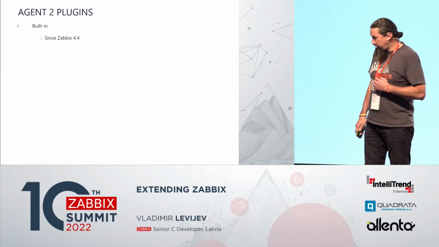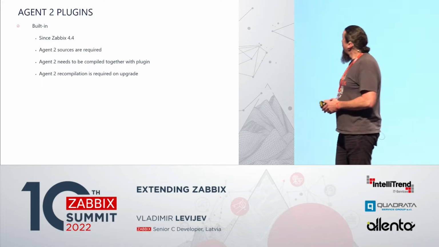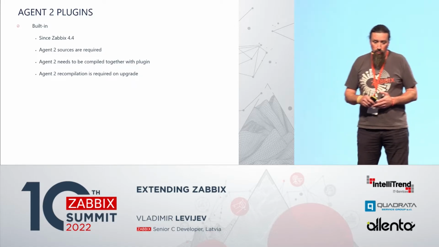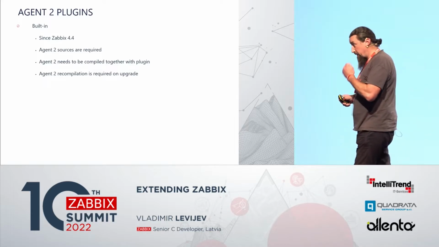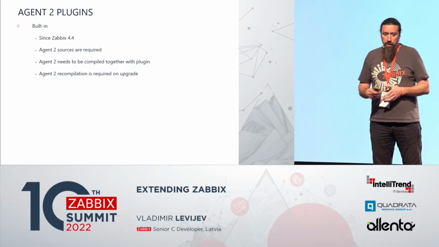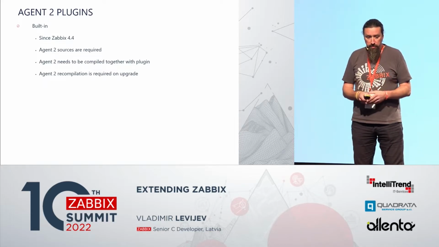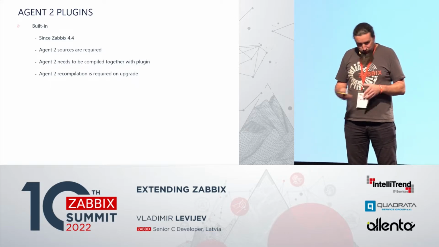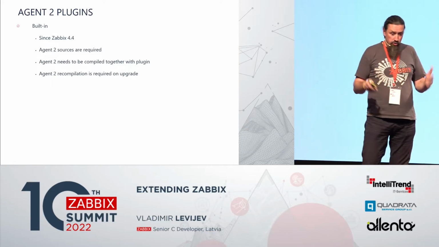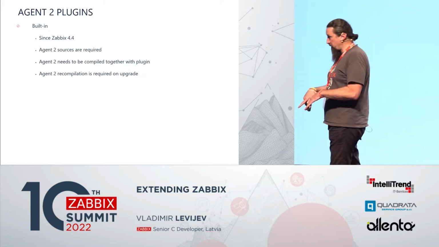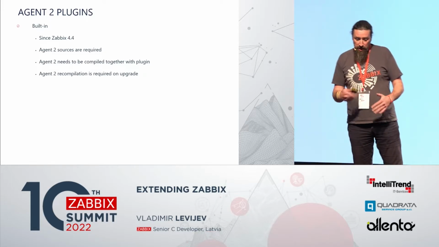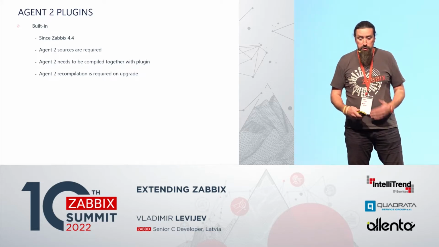So let's talk about extending the agent. I'll talk about agent 2. When agent 2 was introduced in 4.4, there was already a way to extend it with built-in plugins. For that, you need to have Zabbix agent 2 sources. You need to recompile your plugin together with Zabbix agent 2, and every time you upgrade agent 2, you again need to recompile it.